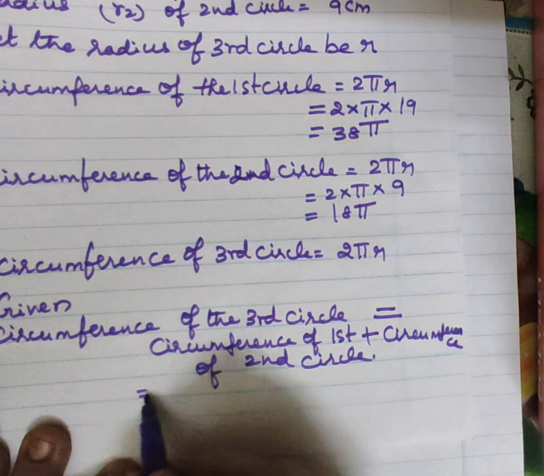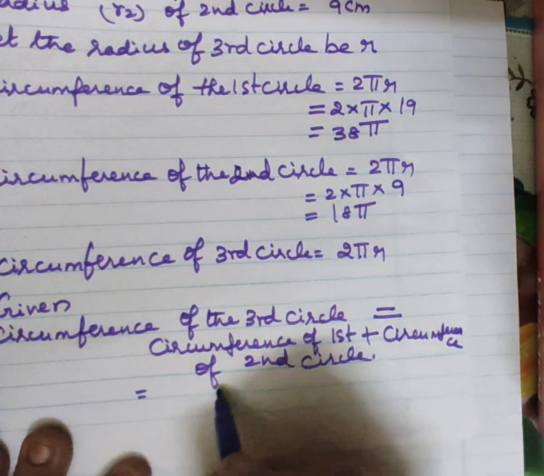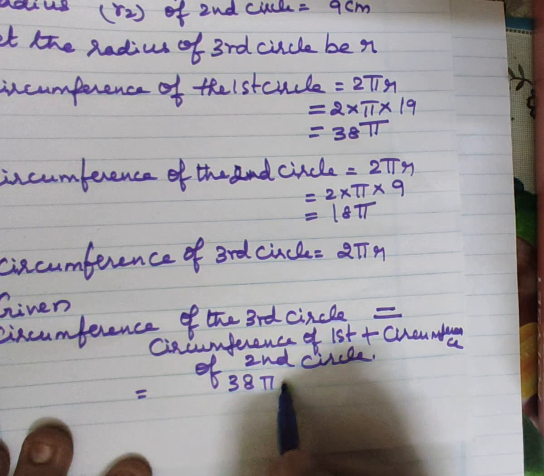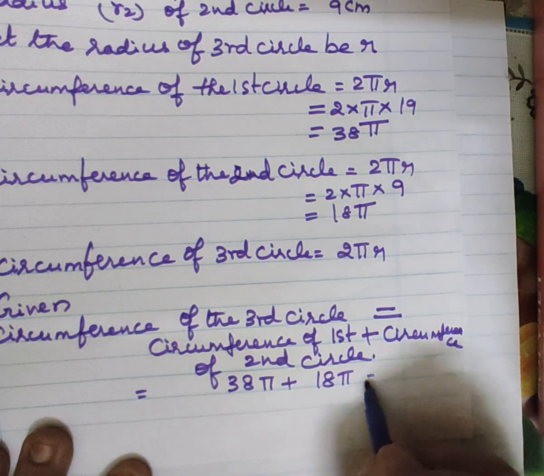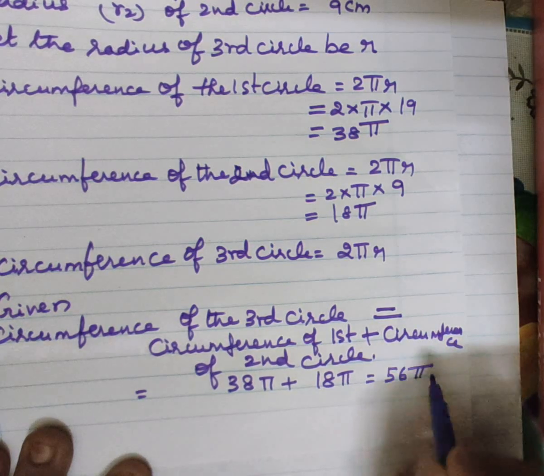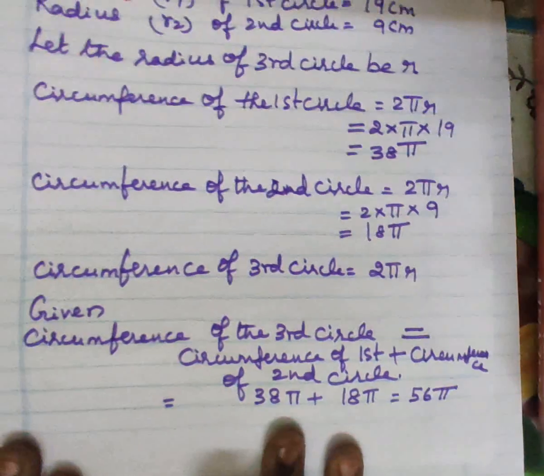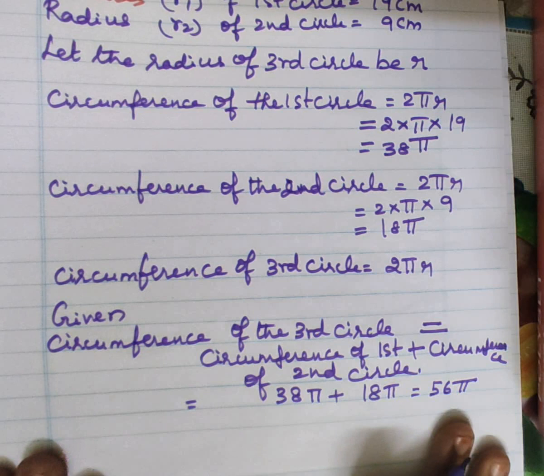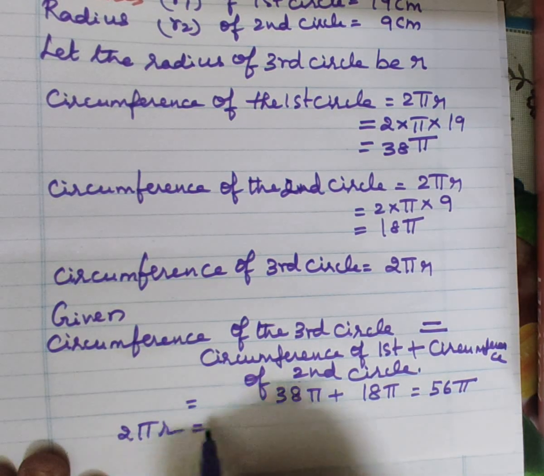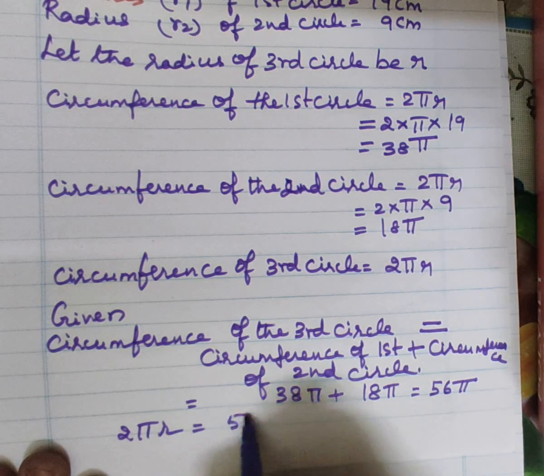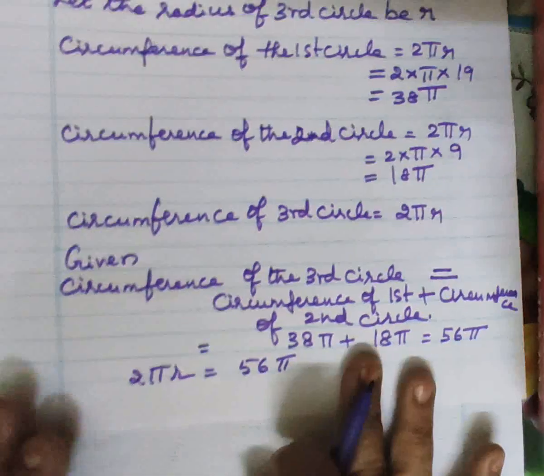What is the circumference of first circle? We got 38 pi plus 18 pi, which is equal to 56 pi. So now we got the circumference of the third circle, isn't it? So 2 pi r is equal to 56 pi.